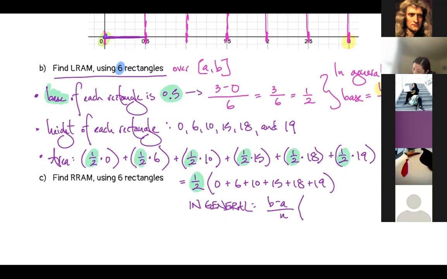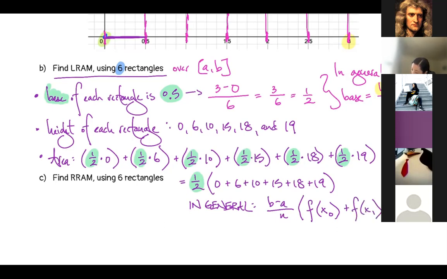And then I'm going to say f of x sub 0, which just means the first x value, plus f of the next one.